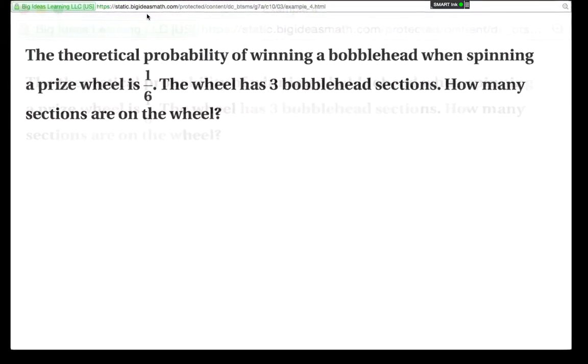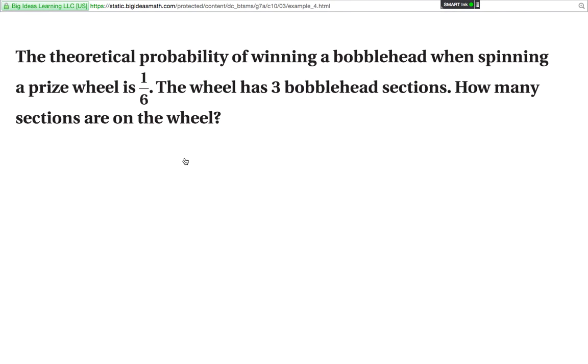The theoretical probability of winning a bobblehead when spinning a prize wheel is 1/6. The wheel has 3 bobblehead sections. How many sections are on the wheel? If the favorable outcome is 1, that's the numerator, out of 6. But we actually don't have 1 favorable outcome, we have 3.